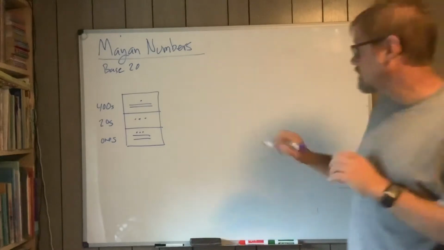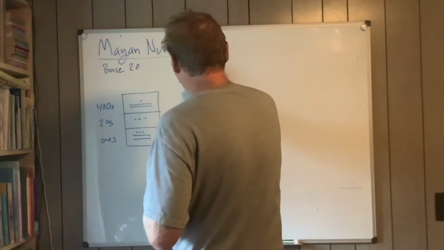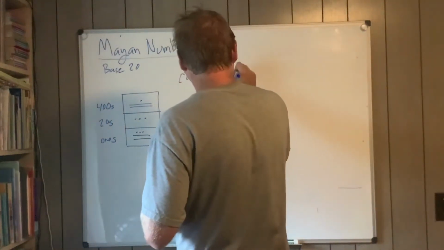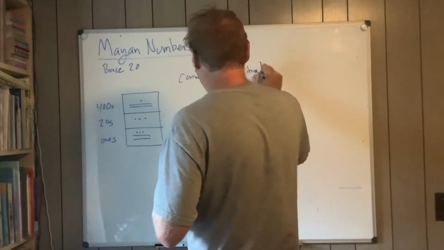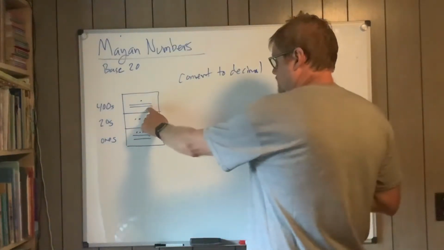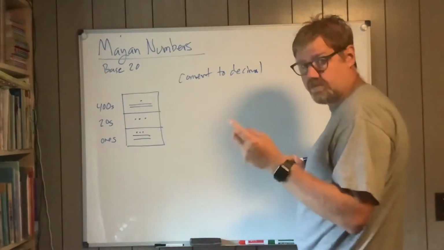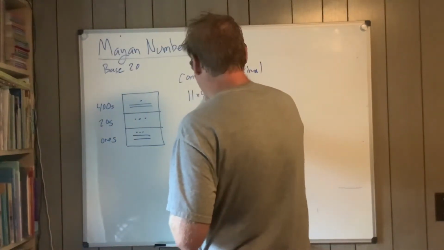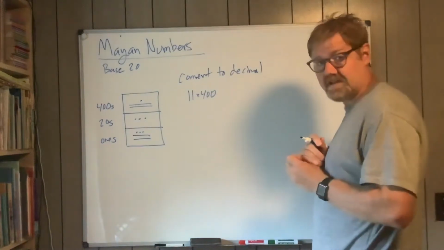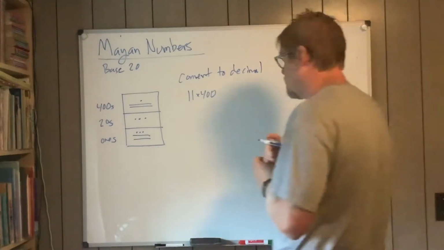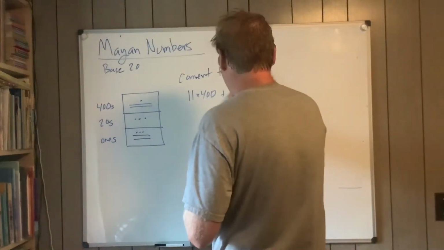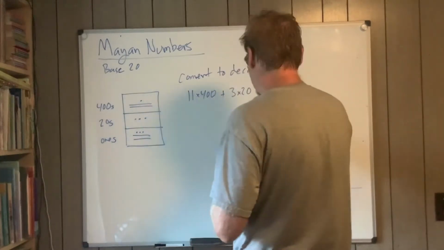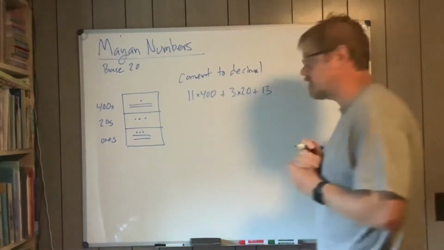So if I'm going to convert to decimal, this box represents 2 lines and a dot, which is 11. So I have 11 times 400, and then I have 3 20s and 13.